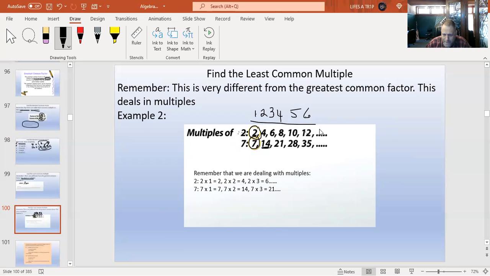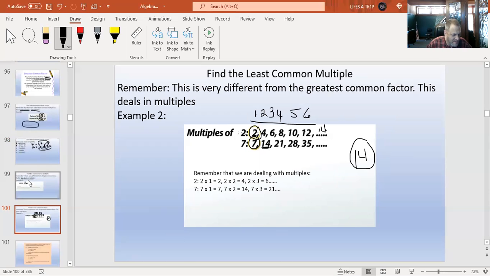So this will actually be 14. We want to get the least common. So 2 times 7, nothing else will have anything in common with these. So you can multiply 2 times 7 to get 14, and that would be your least common multiple.